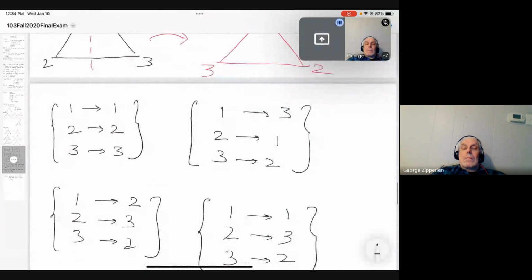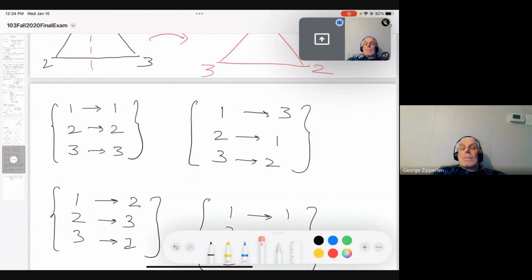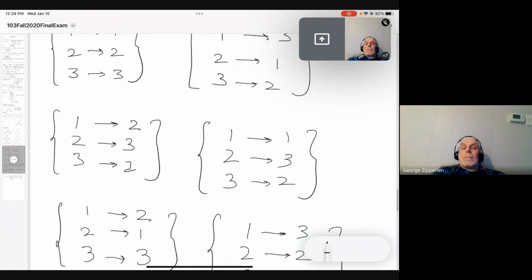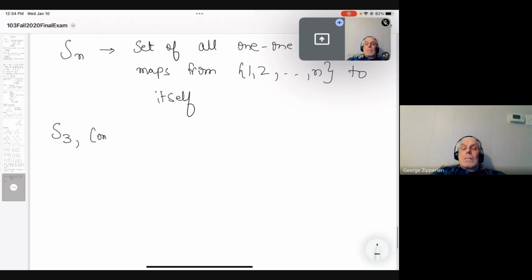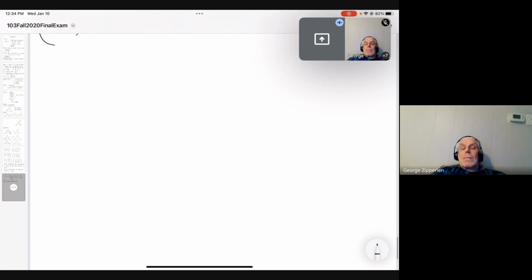These elements of S3, they are functions. They are bijective functions. And what can we do with 2 functions? Well, we can compose the functions. So for S3, the operation is composition of functions. And what do I mean by composition? Let's just take an example.